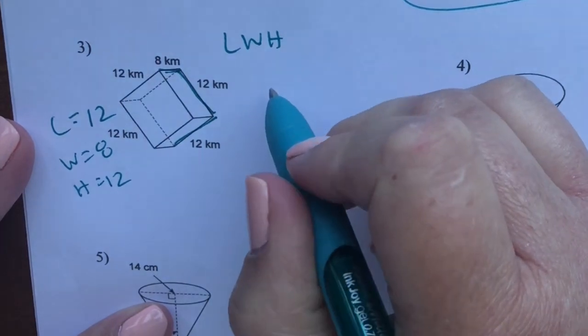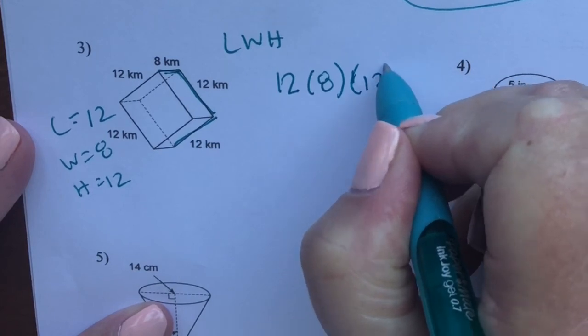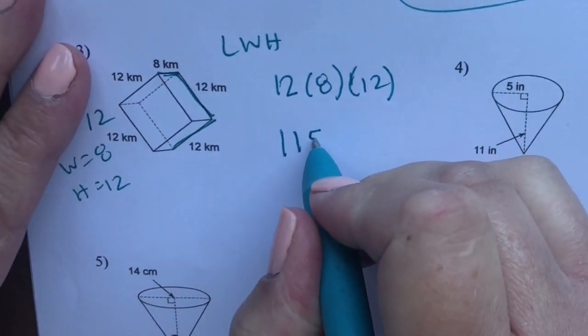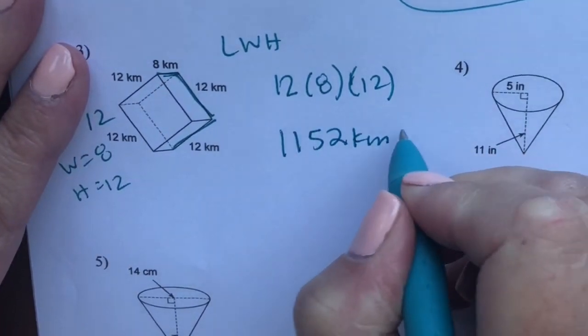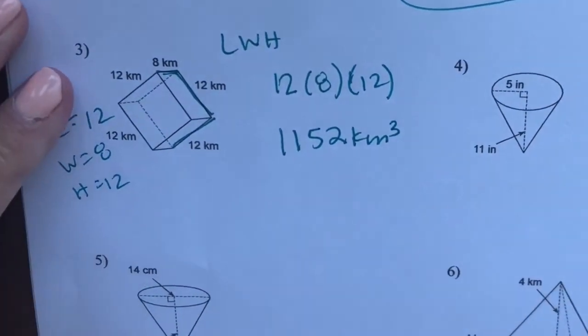So 12 times 8 times 12. So I'm going to do that on the calculator. 12 squared times 8 equals 1,152 kilometers cubed. Let's see if I'm right. Yep.